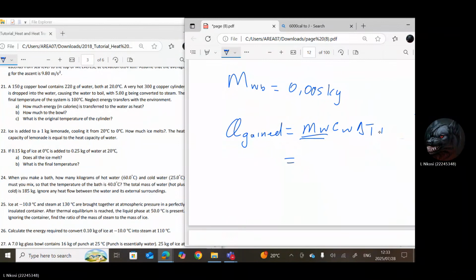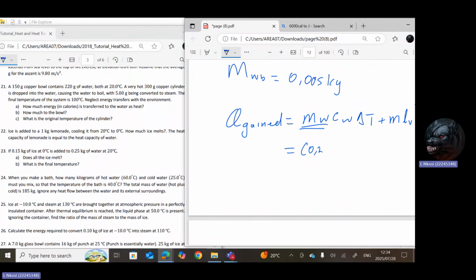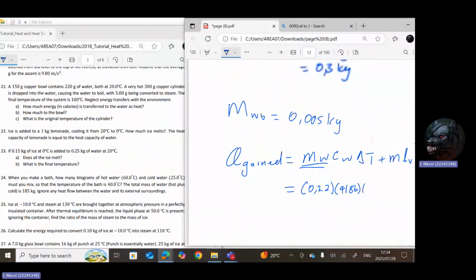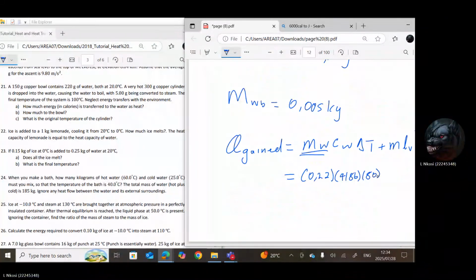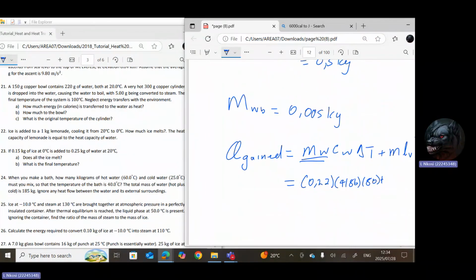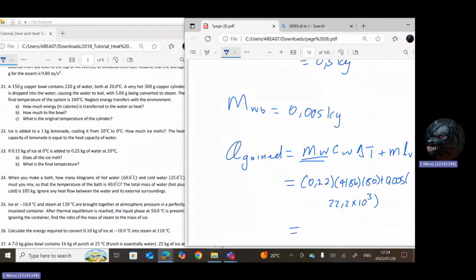So, plus the mass that evaporated. The total mass of the water is 0.22, times 4,186. The change in temperature of the water is 100 minus 20, so it's 80. Plus the 0.005, times the latent heat of vaporization, 2.26 times 10 to the 6. And we will find the heat that is gained by the water.